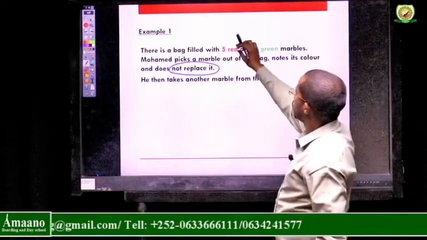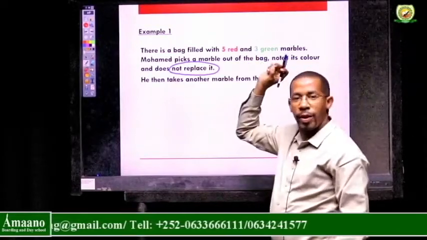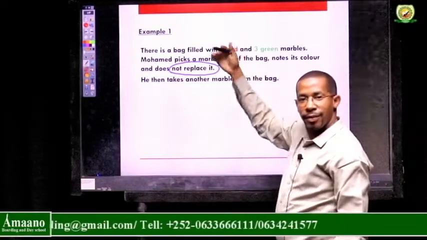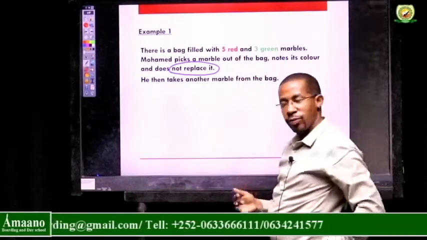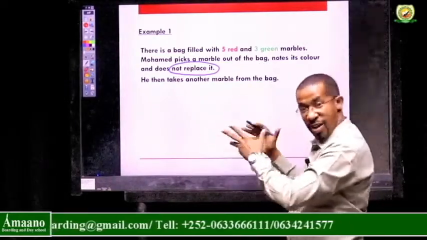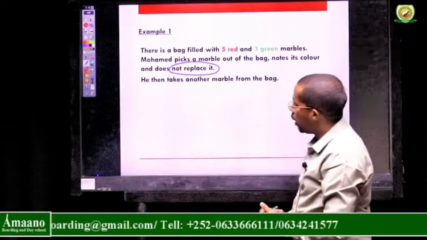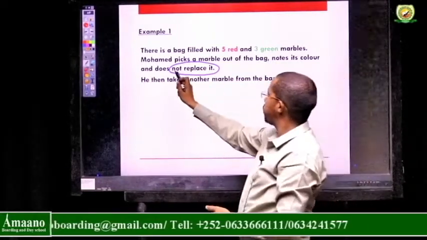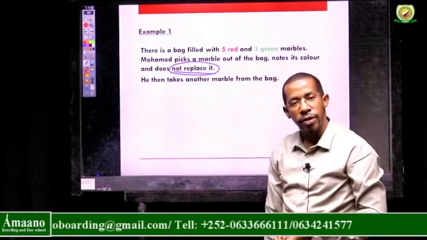So if he takes 1 marble, the total will reduce. Instead of being 8, it will become 7. So you will see that when we are drawing the probability tree diagrams, the totals are changing. The numbers will change from the first draw to the second due to this fact here. He does not replace.